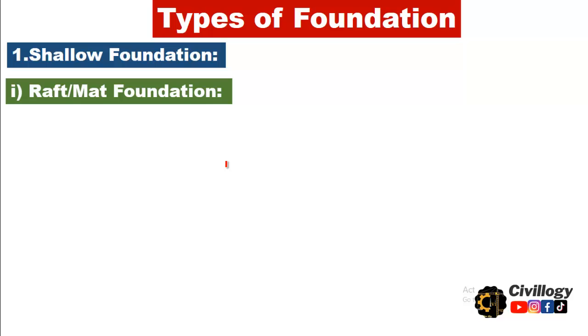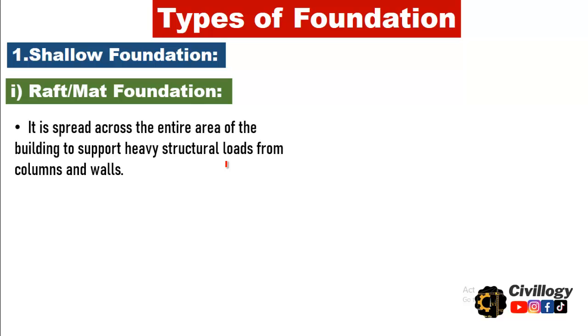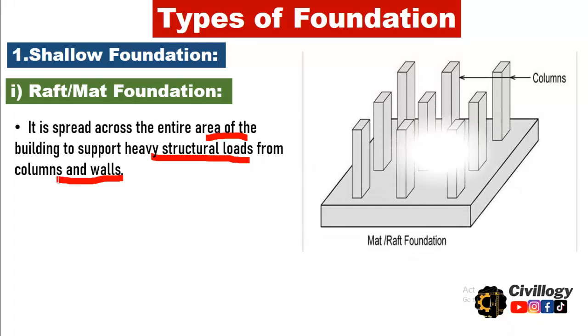Let us discuss the first type of shallow foundation. First one is raft, also called mat foundation. It is spread across the entire area of the building to support heavy structural loads from columns and walls. As you can see in this picture, a number of columns are being supported by a raft or mat.